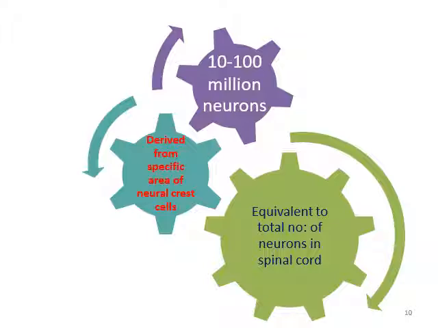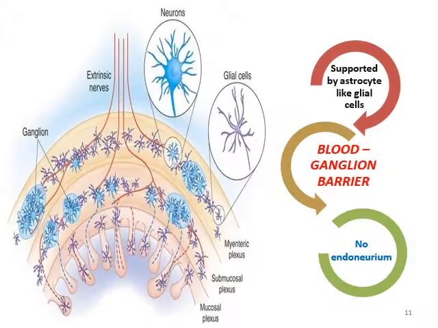Now it works independently, ठीक है? It is almost equivalent to the number of neurons in the spinal cord. Even more are present within the enteric nervous system, usually 10 to 100 million neurons. So it can work independently. Just does not need the brain to be present always over there.